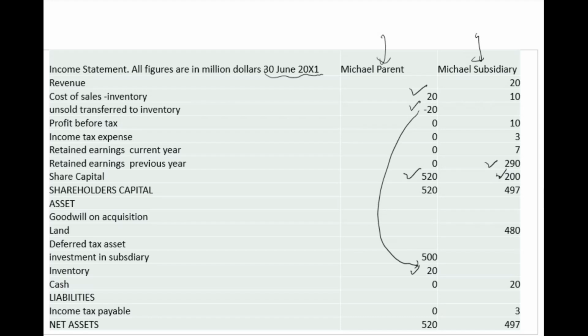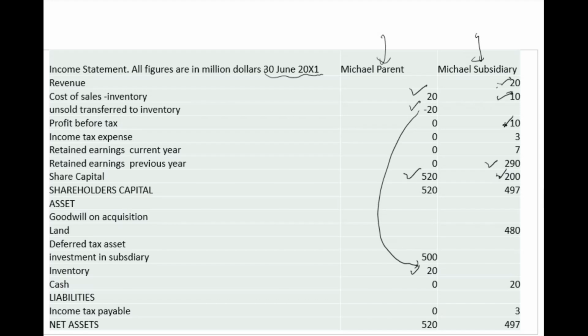But Michael subsidiary sold the inventory for 20 million. So that's 20 million here. And that 20 million is revenue for Michael subsidiary, and became cost of sales for Michael parent. So there's a trading transaction here. Michael subsidiary made a profit of 10 million.